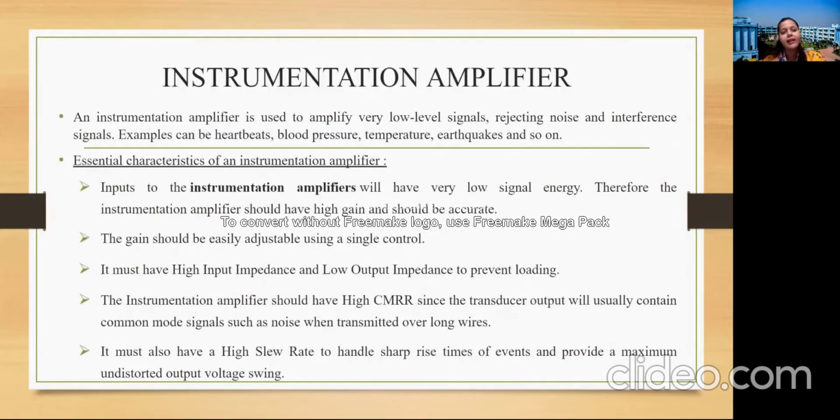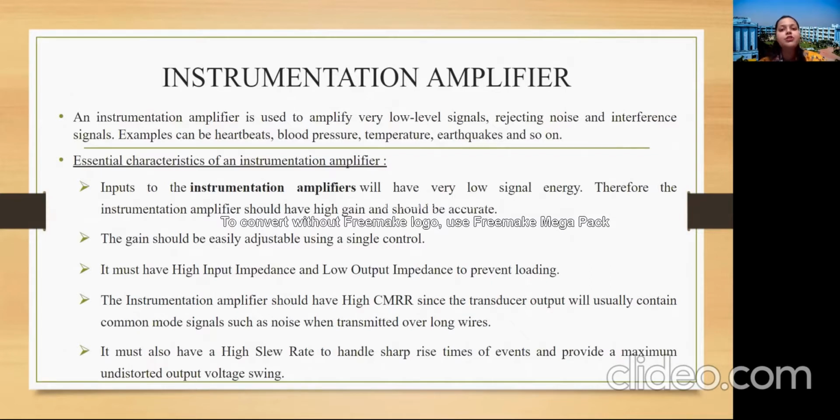Next, instrumentation amplifier. As I've already told, it's also important from your exam point of view, because each and every year from op-amp applications, they ask a question about instrumentation amplifier. It may be in terms of a short note about the application of instrumentation amplifier or the principle of operation of instrumentation amplifier.